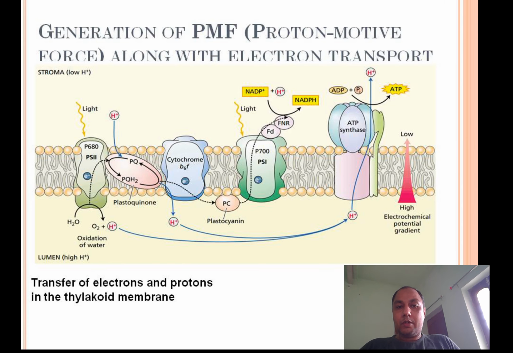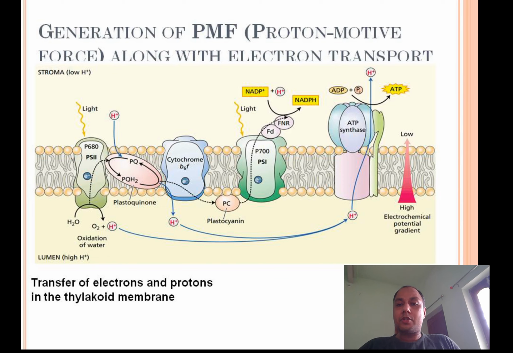So the lumen proton concentration is getting high, while at the stromal side, because NADPH synthesis requires protons along with NADP+ and an electron, the stromal pH is getting low. That means the number of free protons is reduced, while lumen side proton numbers are increased.